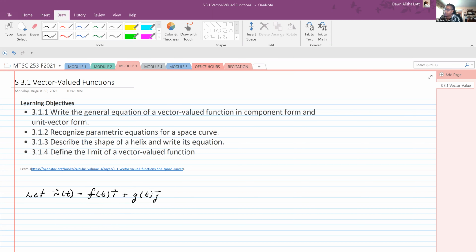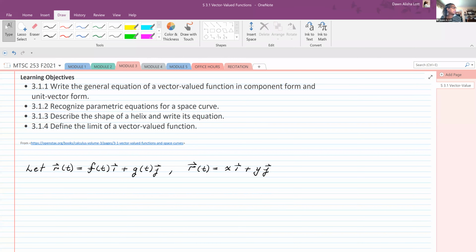Otherwise known as r of t is equal to xi plus yj. So r of t is a vector valued function which determines the position of a point.